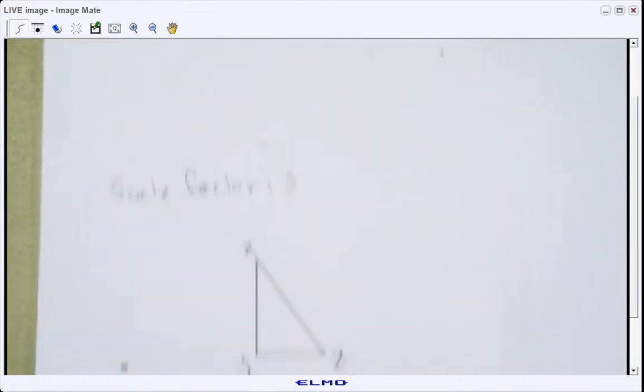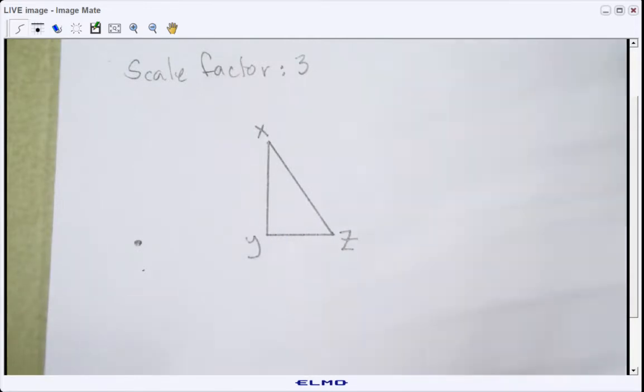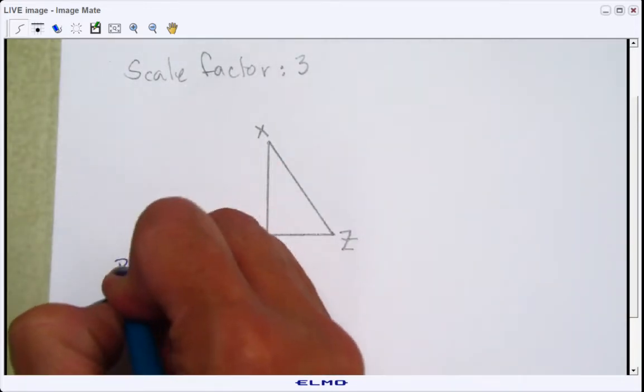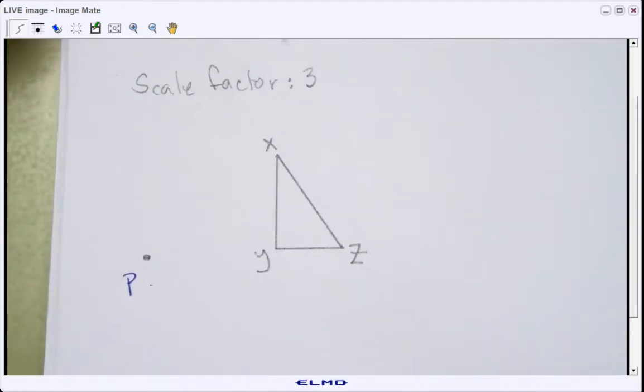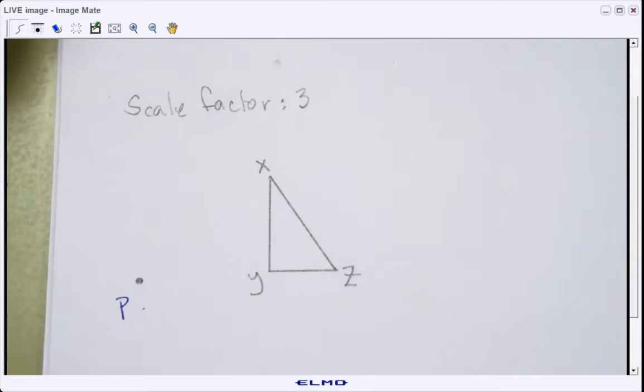So down here, I want to do, oh, I forgot to name the point, from the fixed point P, X, Y, Z, but I have a scale factor of 3. So that's going to be an enlargement because that is bigger than 1. So we're going to do an enlargement on this. We're going to do the same thing, but I'm going to give you a hint, boys and girls.